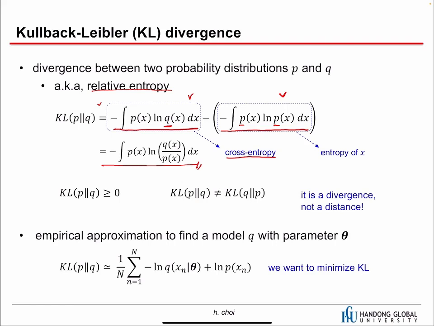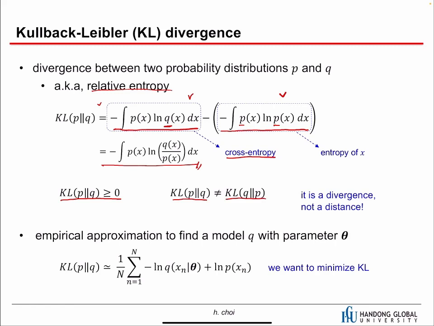So this is KL divergence, and KL divergence is always greater than or equal to 0. It means KL divergence cannot be negative. Here is an interesting point: KL divergence is not symmetric. So KL(P||Q) is different from KL(Q||P).